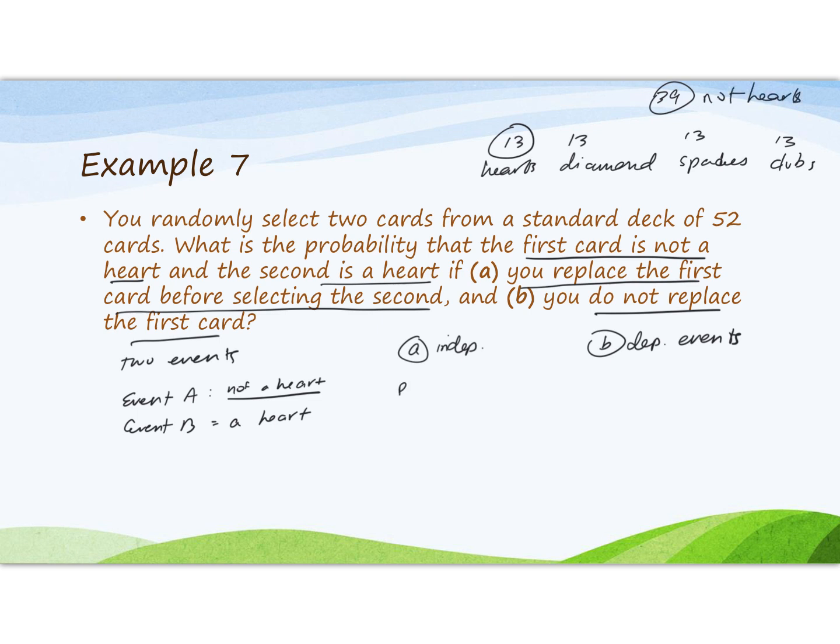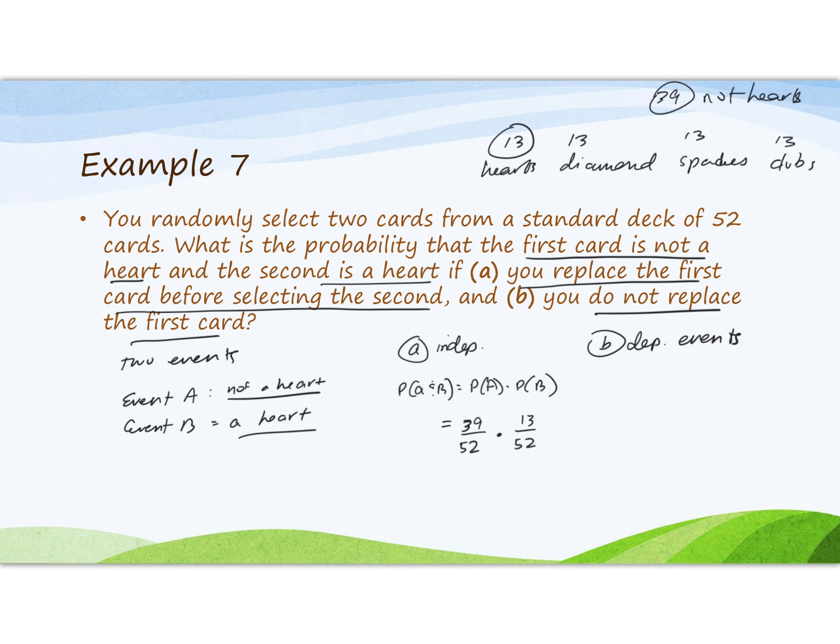Probability of A and B in an independent event is going to be probability of A times the probability of B. So again, event A is not a heart. Well, that's going to be 39 out of 52 are not hearts. And then probability of B selecting a heart is going to be 13 out of 52.